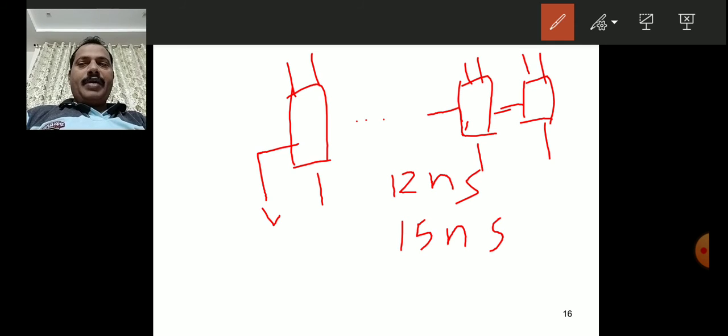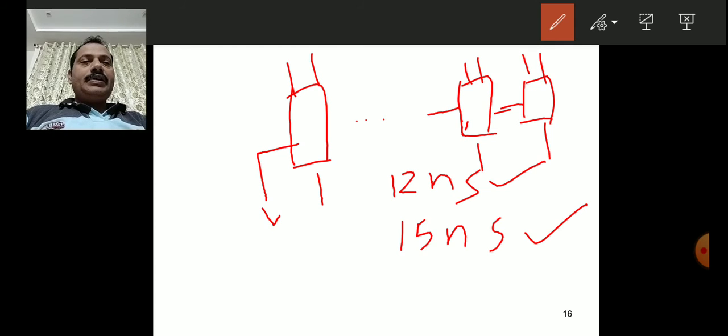Given carry propagation delay of each full adder is 12 nanosecond, and sum propagation delay of each full adder is 15 nanosecond, the data given like this, then if we see the diagram, what we observe here, the carry propagation starts from first full adder to last full adder.